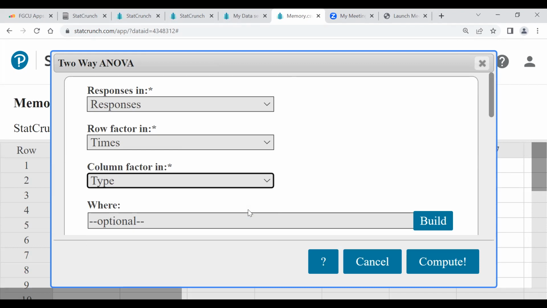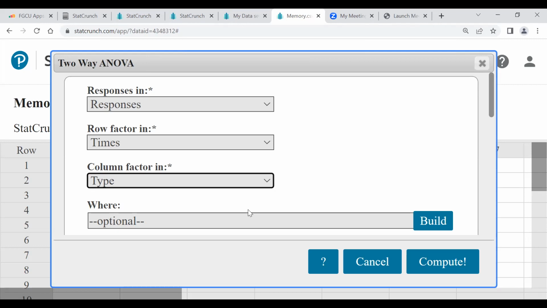So the objective of a two-way ANOVA is to determine an effect. What are all the effects that we have? Main effect, interaction effect: two main effects, one interaction effect. And did we find that there is an effect due to the number of times that someone sees something and has good recollection of that?